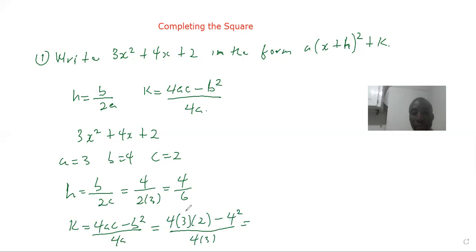I say 4 times 3 will give me 12, 12 times 2 gives me 24. So I put 24 here, minus 4 squared, which is 16, all over 12.